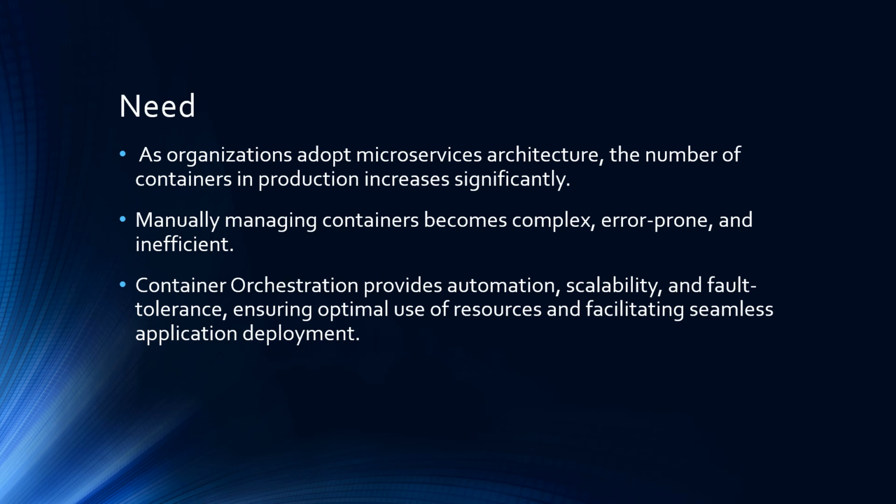Without orchestration, you'd need to manually deploy each container instance, ensure containers are running on appropriate servers, monitor container health, replace failed containers, scale services up or down based on demand, manage network connections between containers, handle storage requirements, coordinate updates and rollbacks. This manual management becomes virtually impossible as your application grows. In some organizations, teams spend more time managing containers than developing new features. This is where container orchestration becomes essential.